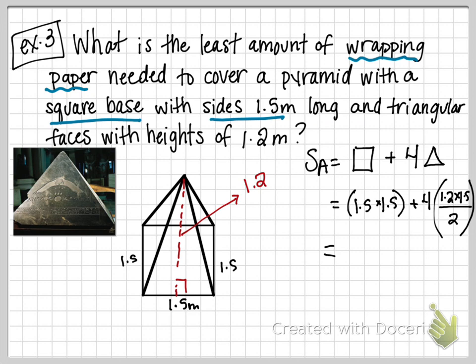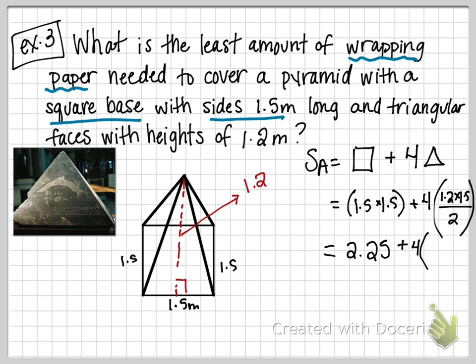All right, now we can do the math. 1.5 times 1.5 is 2.25. Plus 4. Now we have to do our parentheses. What should we do first?